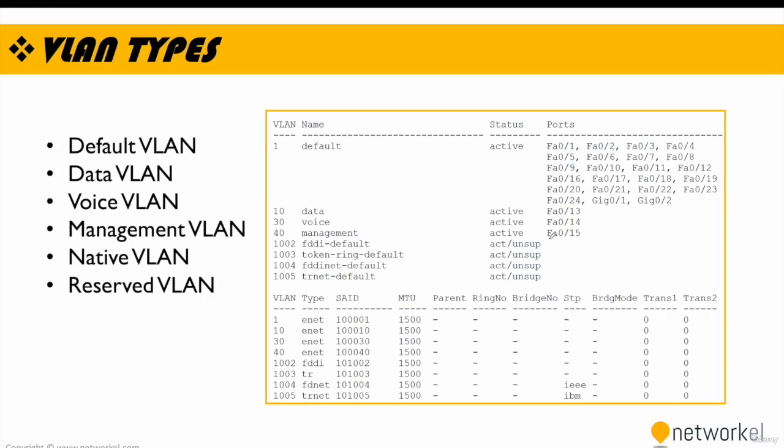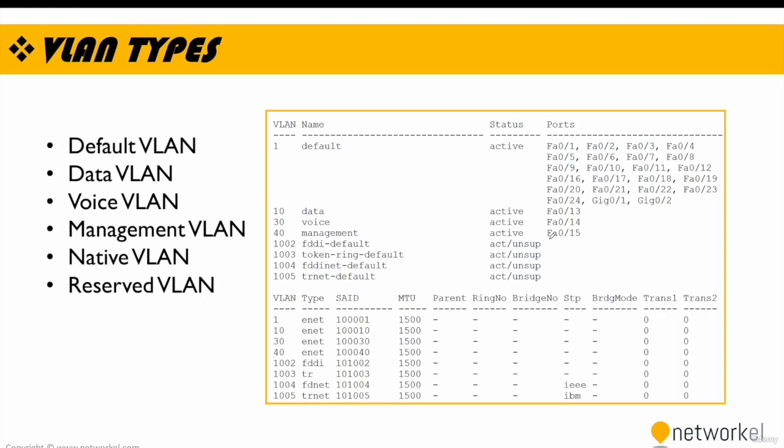Please note that by default VLAN 1 is the native VLAN on all Cisco switches. You can designate any VLAN as your native VLAN on your switch, and again note that it needs to match on both ends of the trunk connection. We will come to this in a short while.